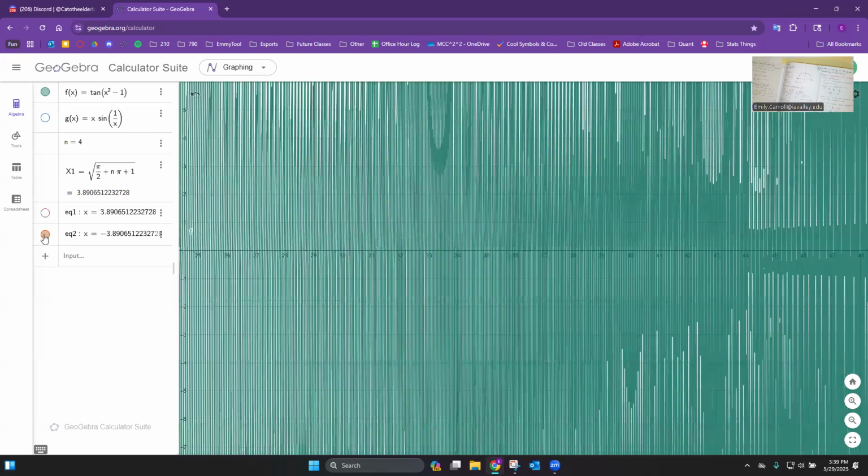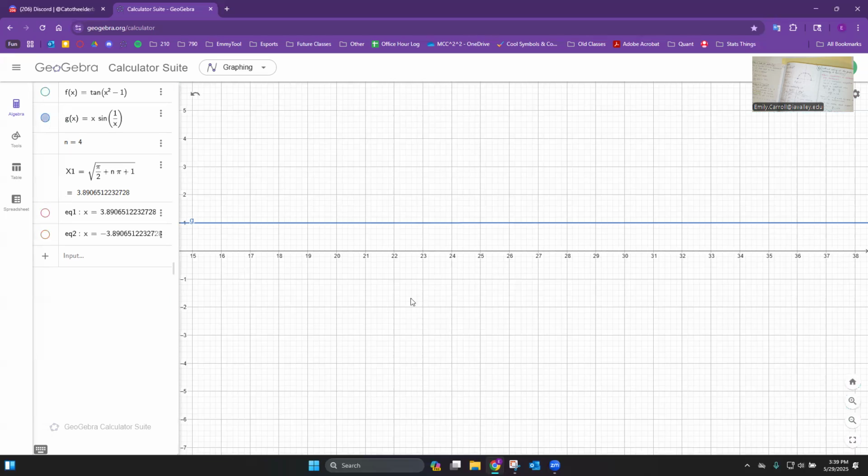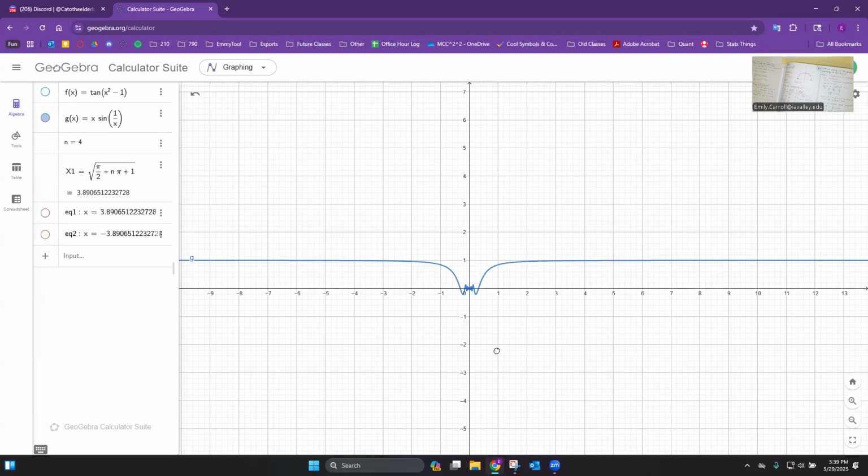Let's look at the other one. Here is x times sine of 1 over x.